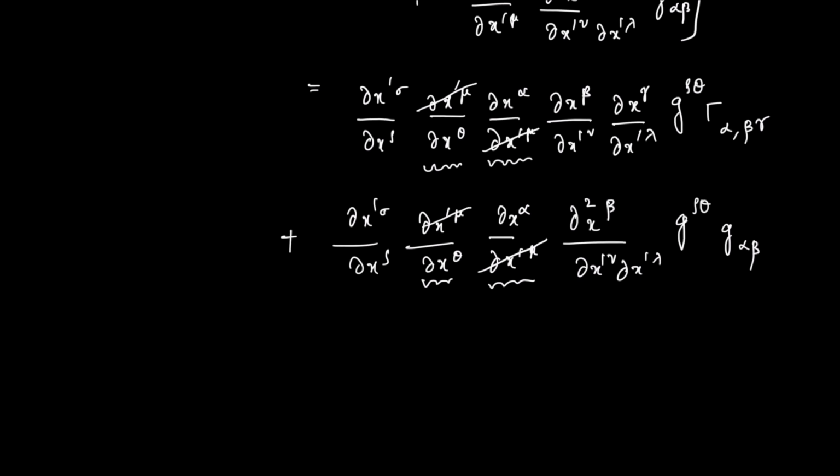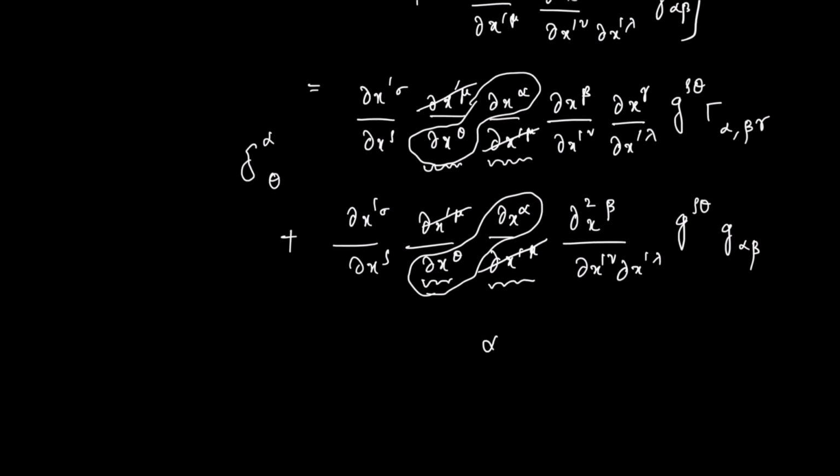So the remaining thing is partial derivative of x alpha with respect to x theta, which is Kronecker tensor of alpha theta. Similarly, here also you have Kronecker tensor of alpha theta, which means both of these terms will survive only if alpha is equal to theta, right? Because of the Kronecker tensor.